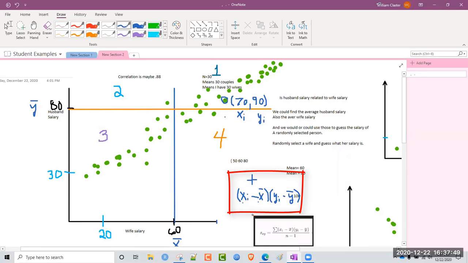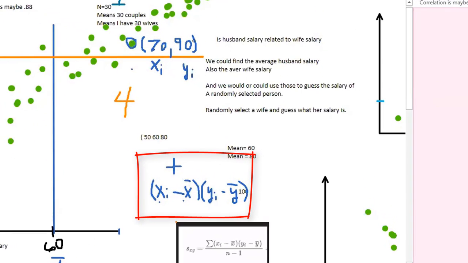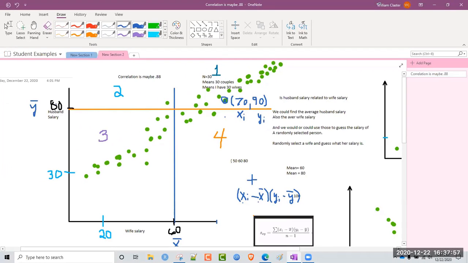Then I do the same for the y coordinate: 90 minus 80, that's also positive. That's going to be true for any dot in quadrant 1. For every dot in here, both quantities are going to be positive, and so when I multiply them together, it's going to be positive.